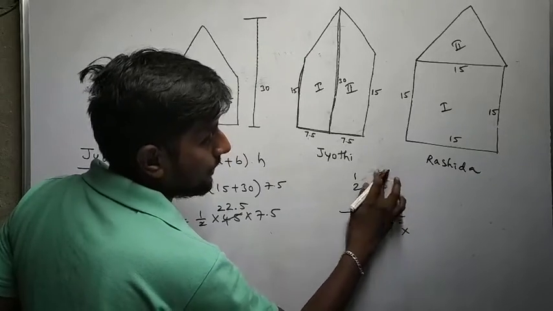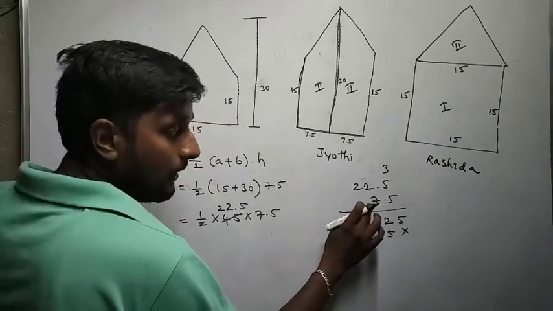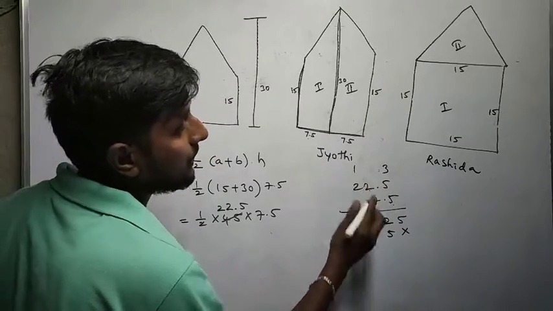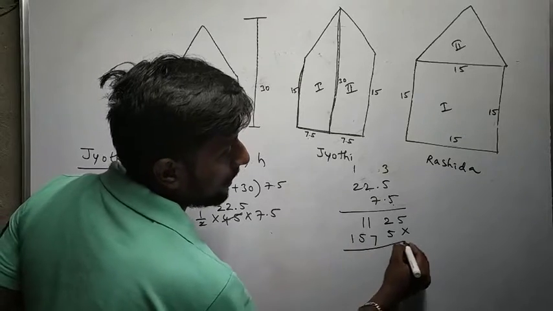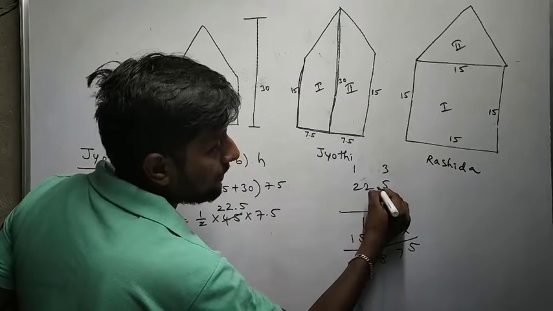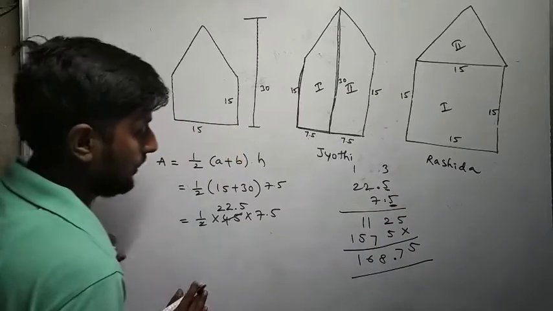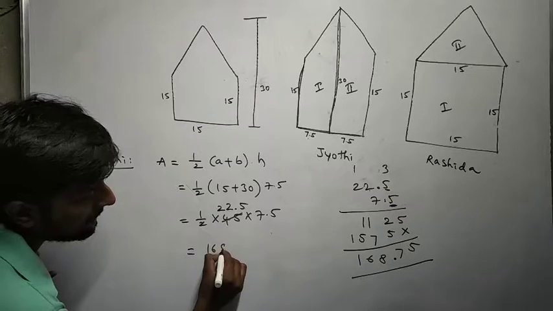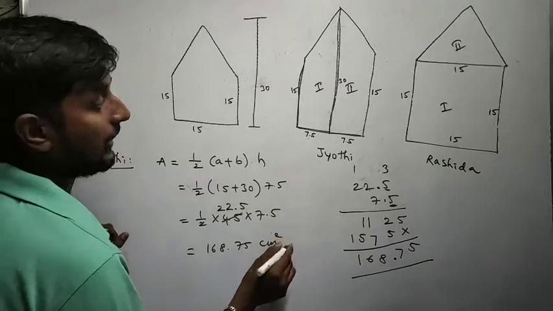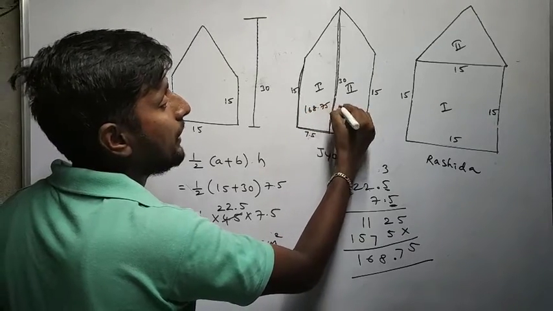Next, 7 5s are 35. 3 carry. 7 2s are 14 plus 3, 17. 1 carry. 14 plus 1, 15. 7, 8, 6, 1. So decimal after one digit, decimal after one digit, so after two digits we put the decimal. So it is 168.75 centimeters square area.